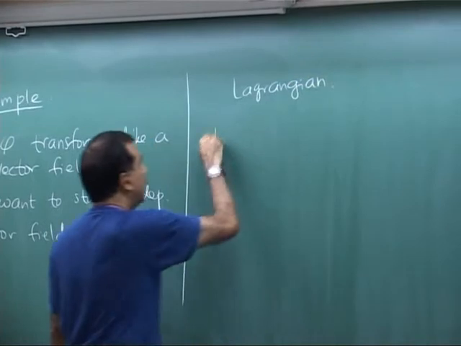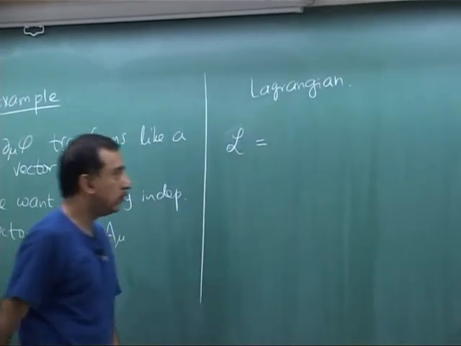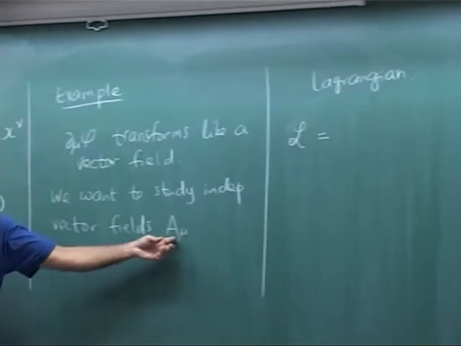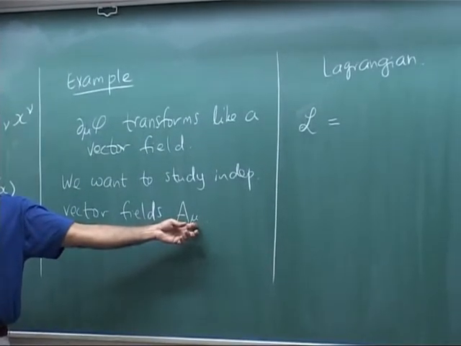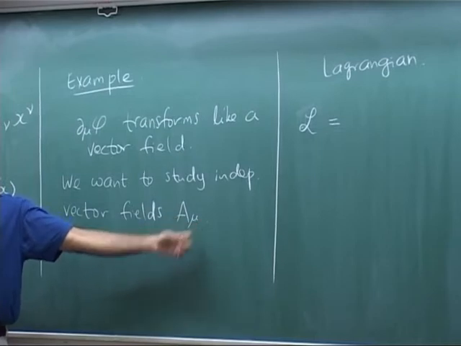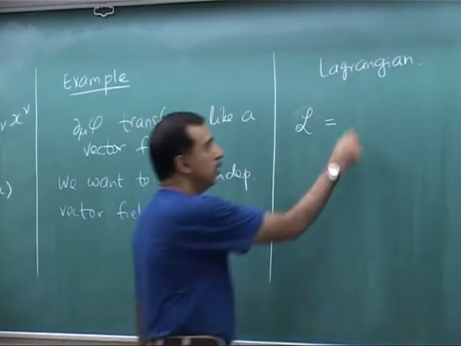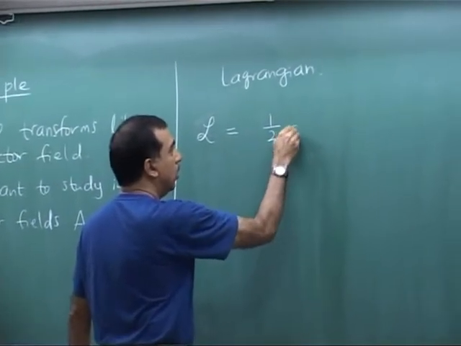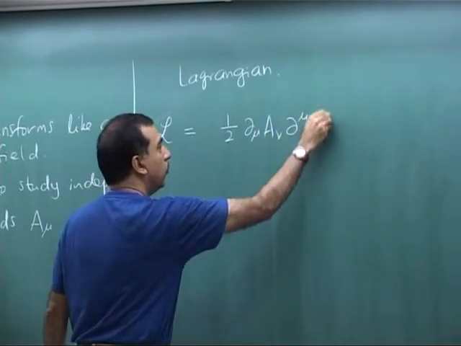Now there's one very obvious guess for a Lagrangian density, which is to say, well, this really looks like 4 components, each of which is roughly like a Klein-Gordon field. So if we just copy what we did for the Klein-Gordon field, hopefully it will work. So in this approach, I would say let the Lagrangian be del mu A nu del mu A nu.